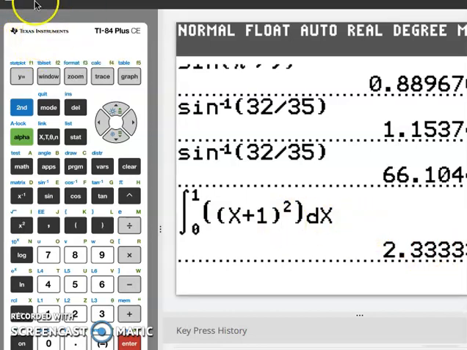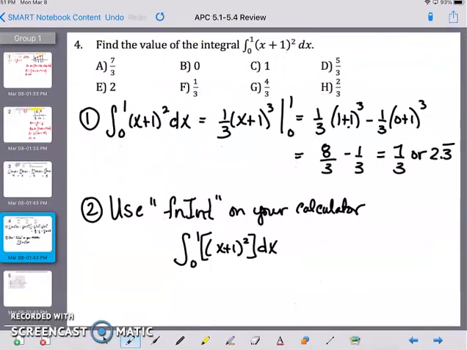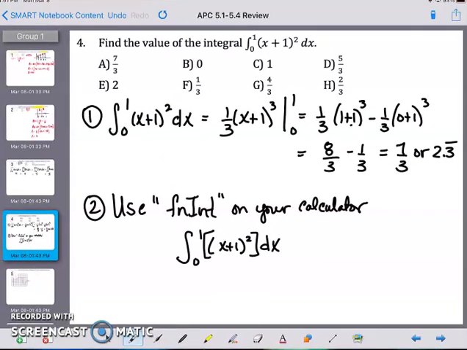Now, I want to caution you, this is the first time that I've shown you this for a reason, because you need to be able to calculate the value of integrals without the use of your calculator for the AP test. However, if you are doing a portion of the test where graphing calculators are allowed, then certainly you can use that key to do the work for you.